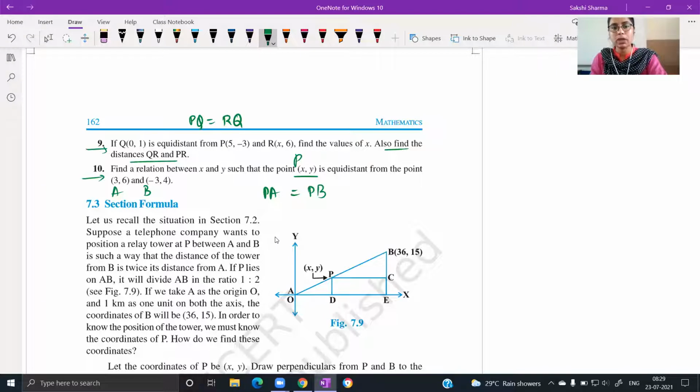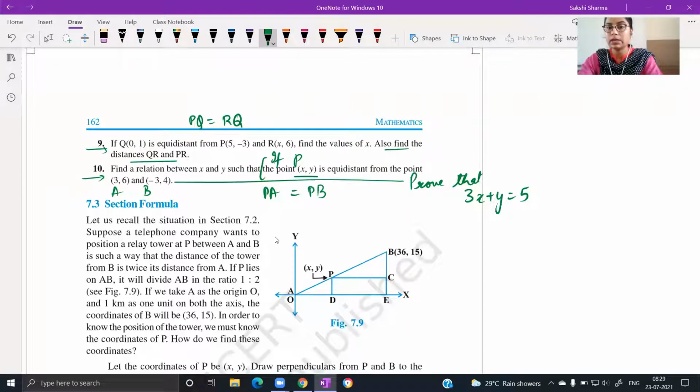Sometimes the question can also be given by saying that point X, Y is equidistant from A and B, points 3, 6 and -3, 4. Prove that 3x plus y equals 5. The answer given for this part is in the form of prove that. So if this point is equidistant from these two, then prove that this is your answer.